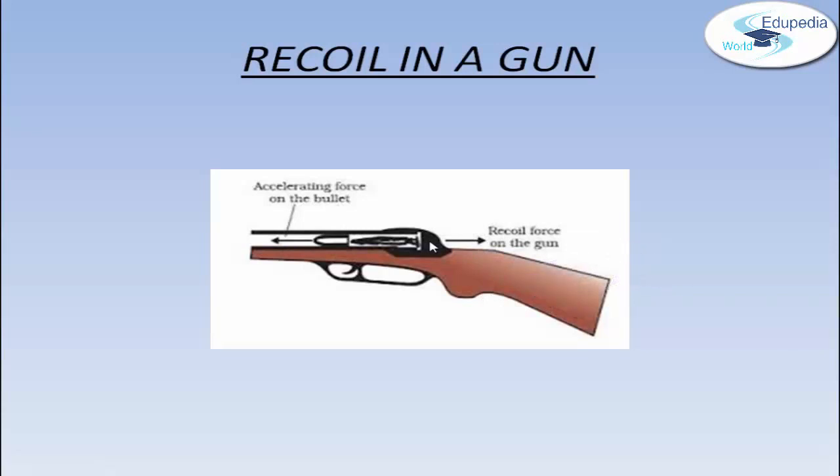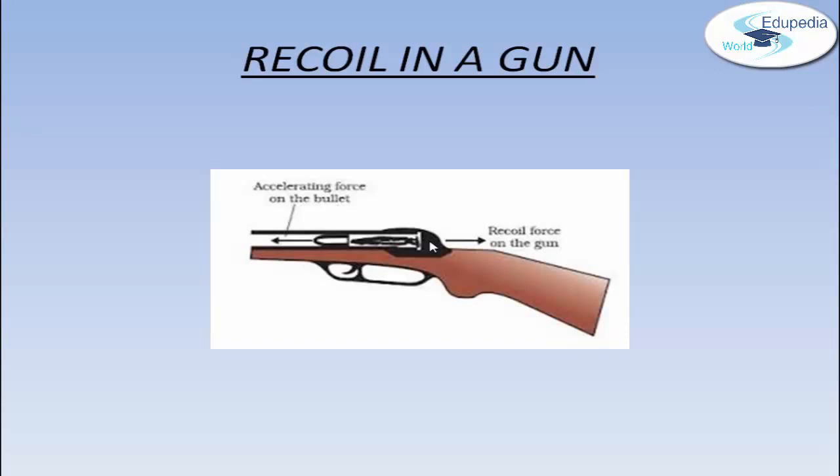Now, you may ask me, why is it that the gun doesn't move very fast in the backward direction? That is because as compared to the bullet, the mass of the gun is very, very large. And what did we learn in the second law of motion? That if the mass is more, then it is very difficult to move the object.